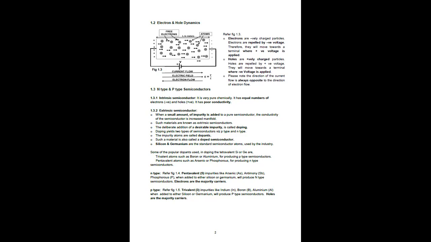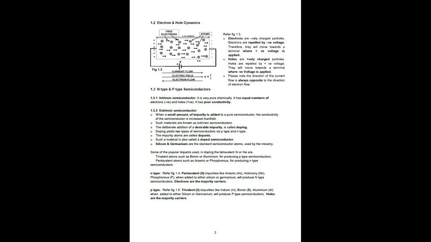Now, N type and P type: you may be familiar with these two types of semiconductors, and these two are introduced after the doping effect. The doping is done in order to start some motion of electrons or holes, and the way for conduction is provided.